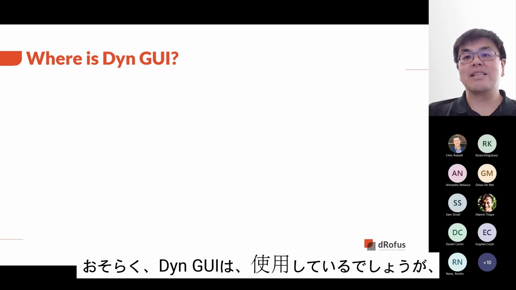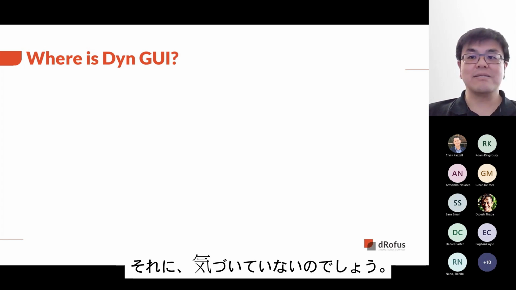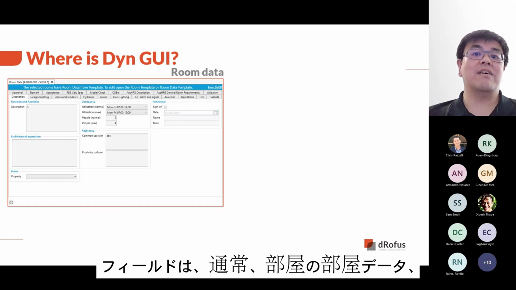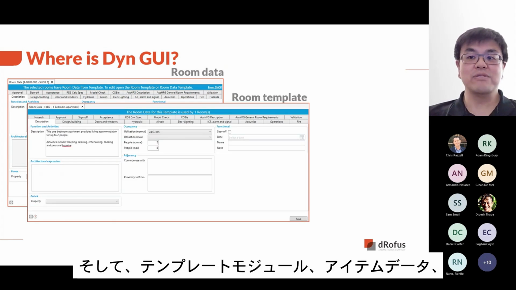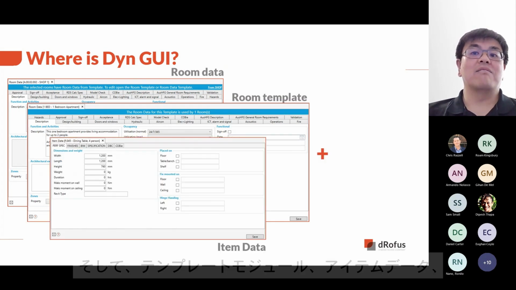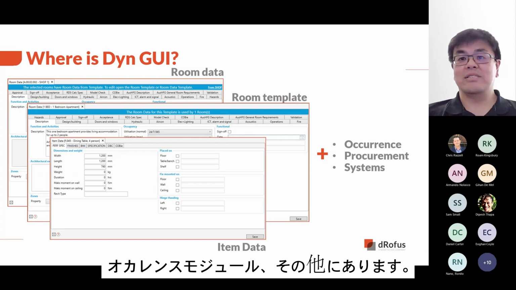You are probably using DynGUI, but probably don't realize it. The fields are typically found in room data in the rooms and the templates modules, item data, occurrence modules, and others as well.